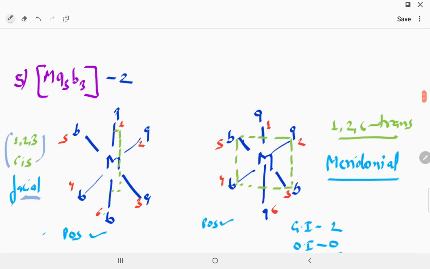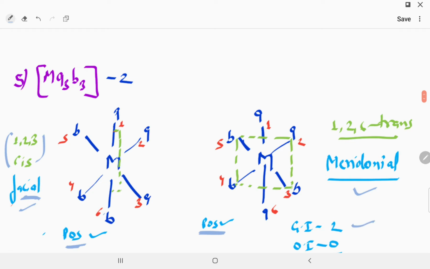Okay, now MA3B3. We drop A at 1 2 3, and in this second compound we drop A at 1 2 and 6 position. This is called meridional, this is called facial. In both, this green dotted line is a cutting plane, a POS plane, where we cut into 2 equal halves. So both have a POS plane, so it will show two geometrical isomers, optical 0.